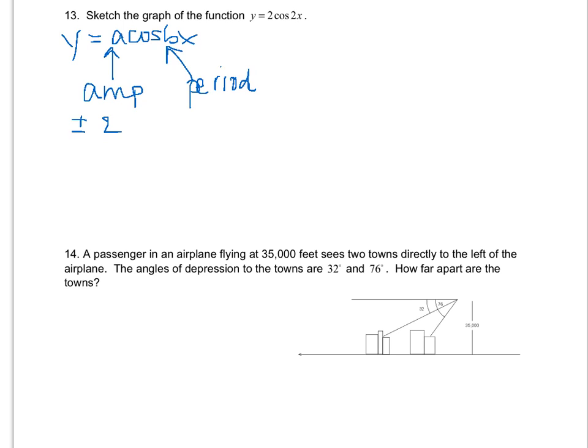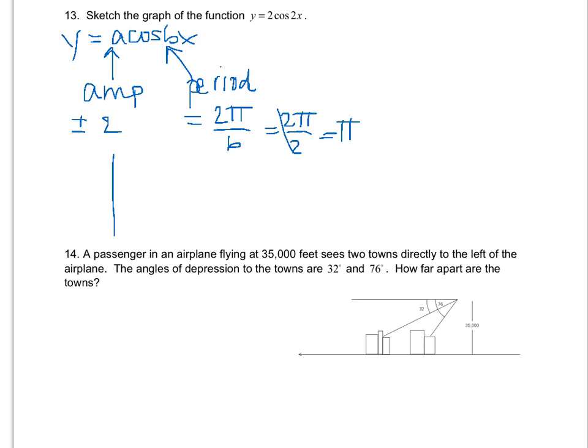There's no shift because there's no addition or subtraction on your x and y terms. And the period is equal to 2 pi over whatever b is. So I have 2 pi over 2, which is pi. So what that tells me is every pi radians, I have one cycle of this function with a height and a depth of 2.